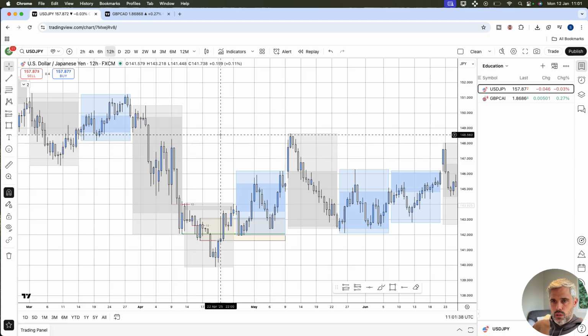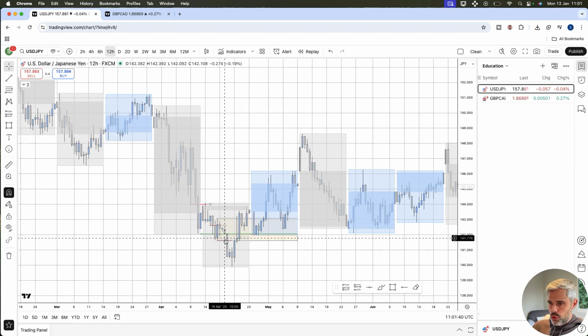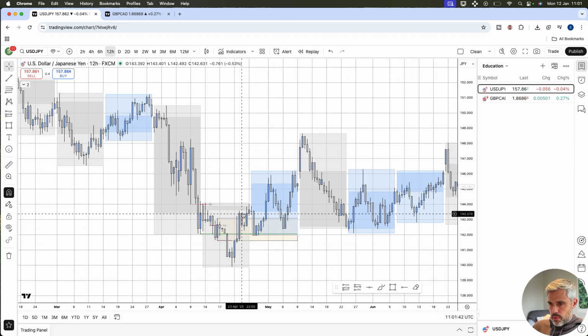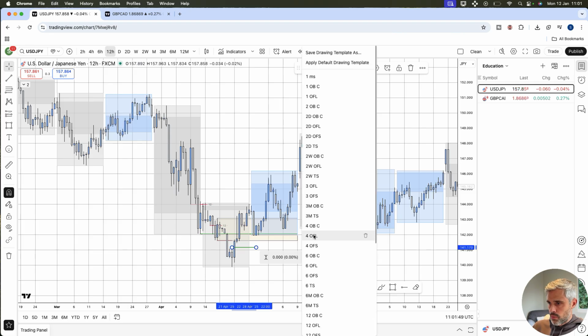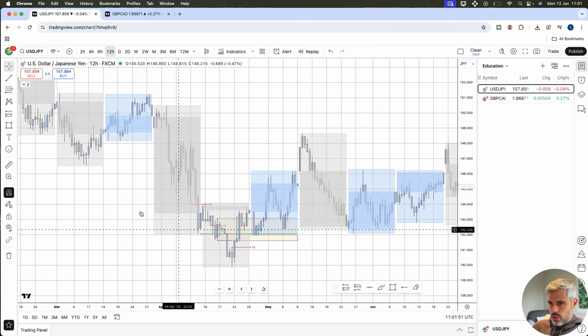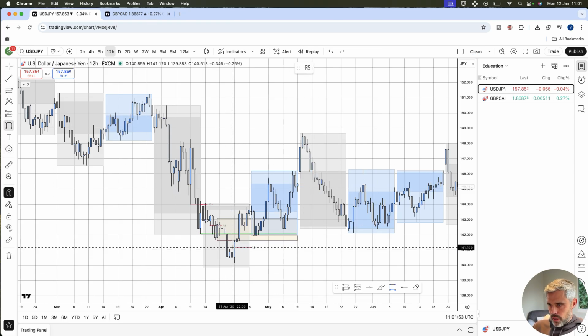It's always important to use breaker blocks in conjunction with what's happening in the actual price leg, because you can see that there's a formation here of a bullish order block. There is also a fair value gap here at the base of this price leg.